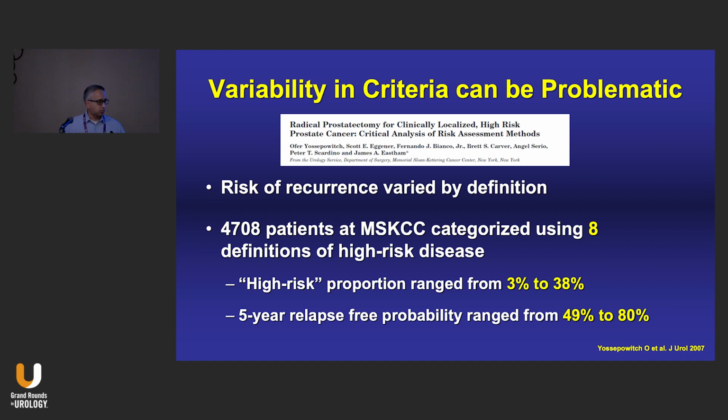In fact, their surgical population, the high-risk cohort, ranged anywhere from 3 to 38%, depending upon what definition you use for high-risk prostate cancer. And if you looked at the outcomes after prostatectomy, the 5-year probability of disease-free survival was 49 to 80%. So I think my take-home message from this part is we probably need to have more standardized definitions, and I think we're getting there, but if we don't have standard definitions, interpretation of the data is difficult.